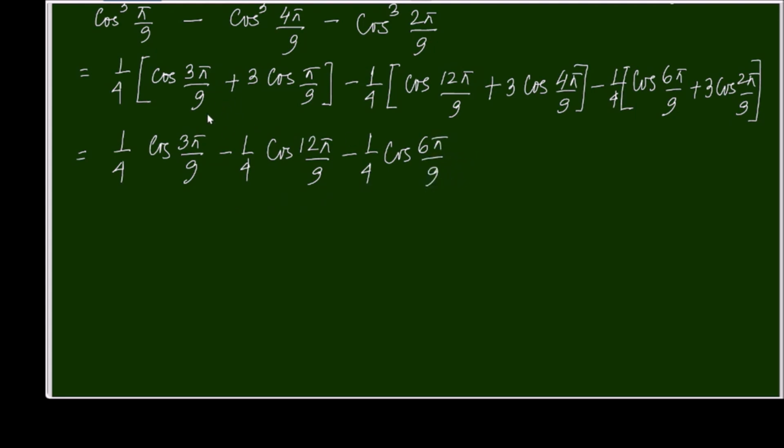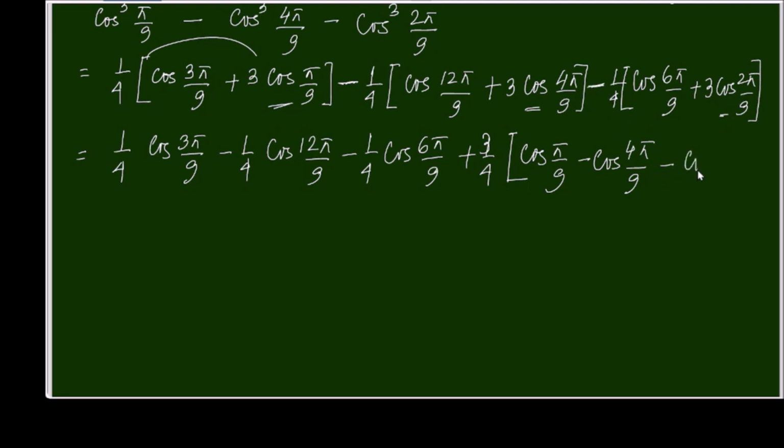And the second one will be plus, or I can take common 3 by 4, because this term 3, 3, 3 will be 3 by 4. I am taking common. So within bracket it will be cos pi by 9, minus cos 4 pi by 9 because the negative sign is there. And here it will also be negative because the negative sign is there, so minus cos 2 pi by 9.